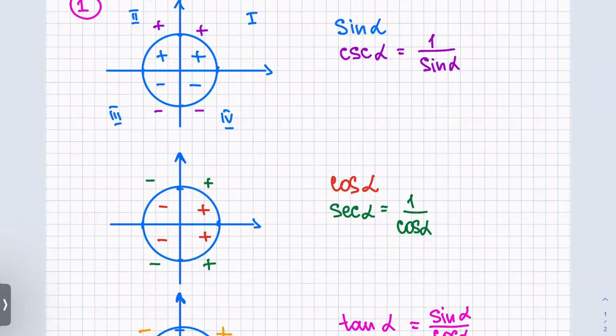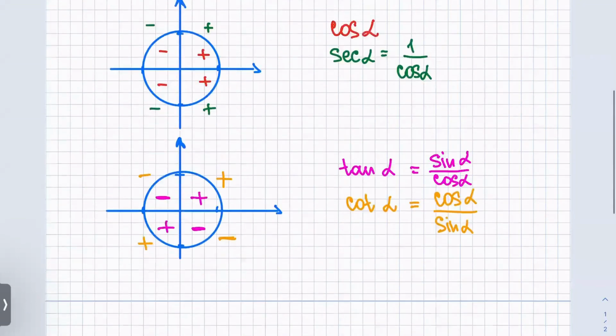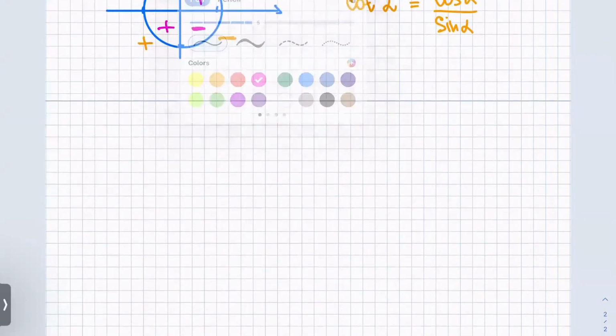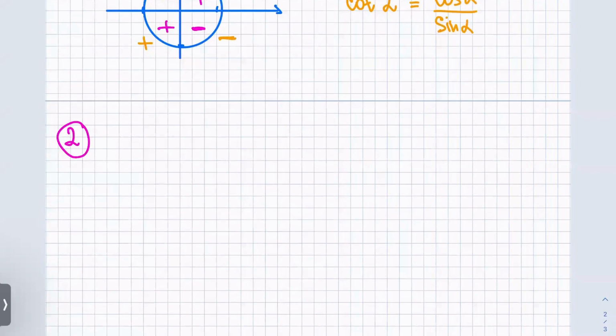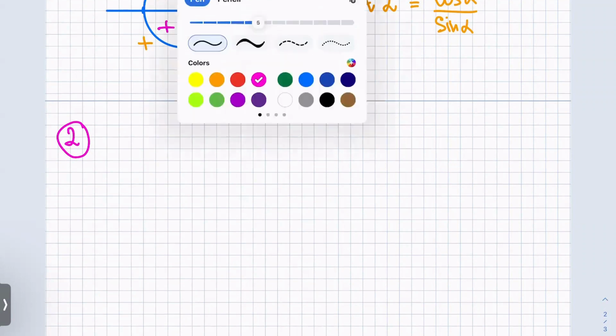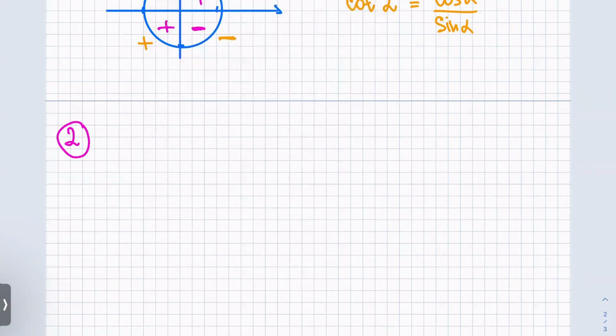So you need to know that. Second, we need to remember the following, dear students.